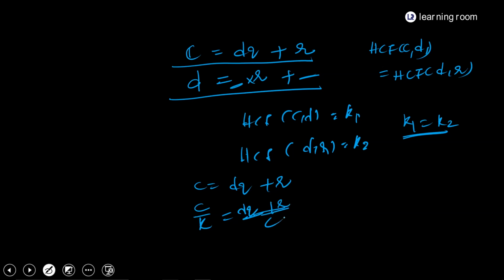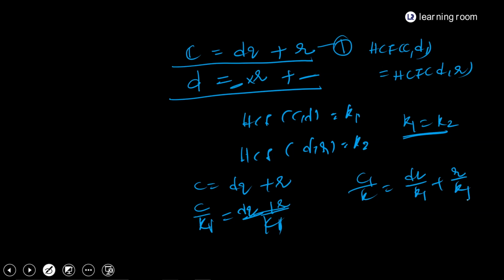So we are just dividing this first equation, let's say equation 1, by K1. Okay? We are dividing equation 1 by K1. So if you do that, that is C by K1 equals DQ by K1 plus R by K1. Right?